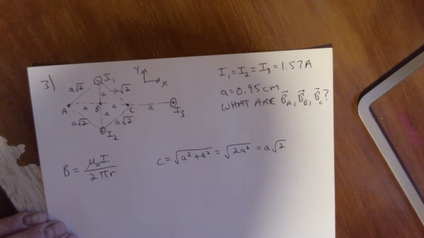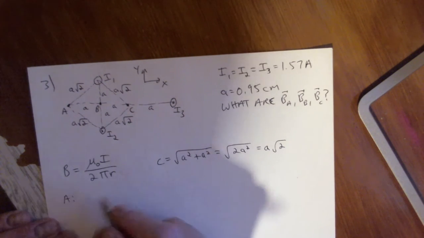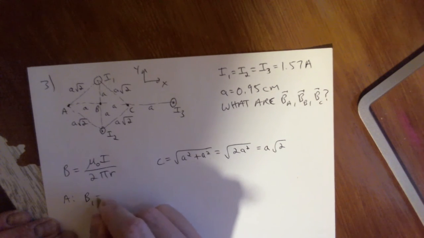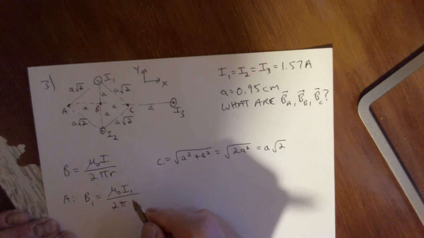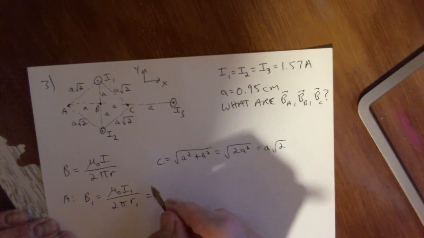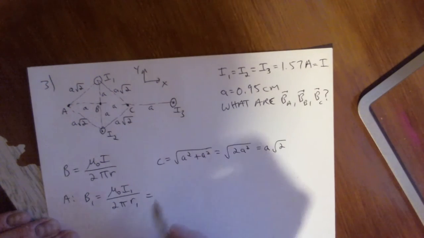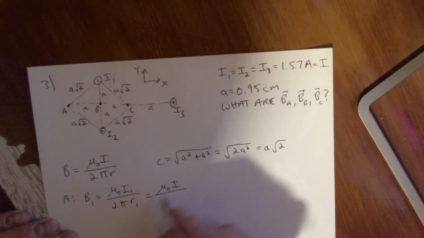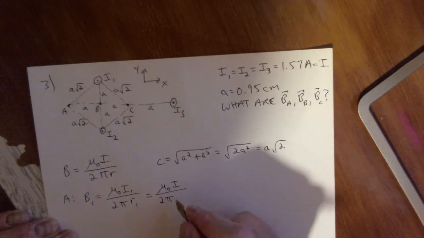And so at A, I'm going to figure the magnitudes of the B fields first. At A, the B field due to current 1 is equal to mu sub naught times I1 over 2 pi R1, which is, if I call the common current just I, mu sub naught times I, the same amount for all 3 currents, over 2 pi times this distance, which is A root 2.